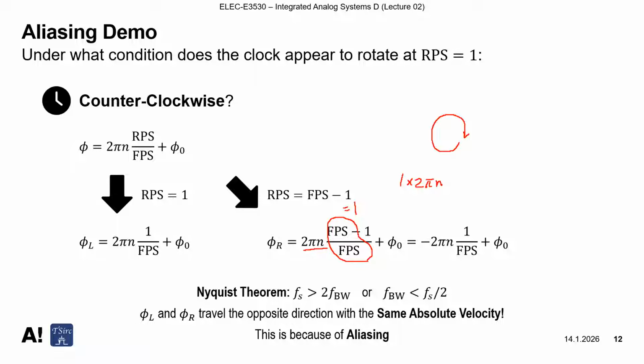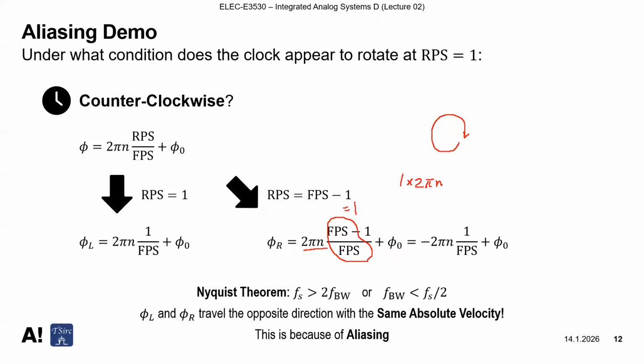And according to the Nyquist theorem, let's check it. The sampling frequency should be larger than 2 times the bandwidth, or the bandwidth of the signal must be less than the Nyquist rate, which is half of the sampling frequency. In our case, this is our bandwidth, and FPS is the sampling frequency.